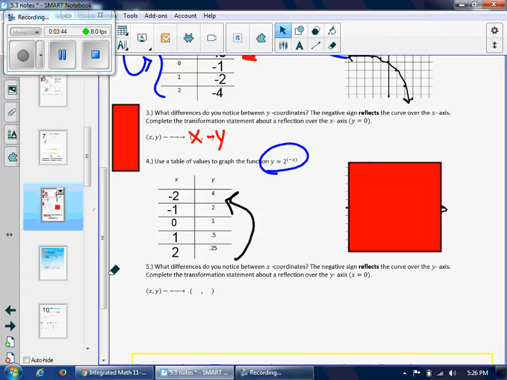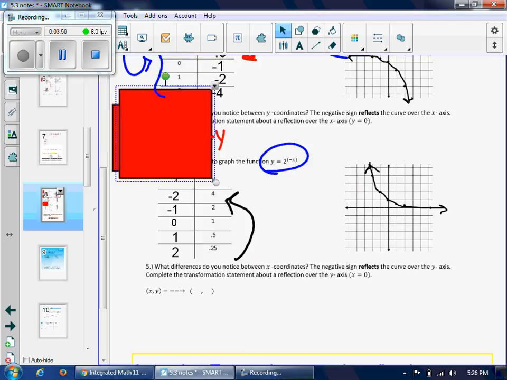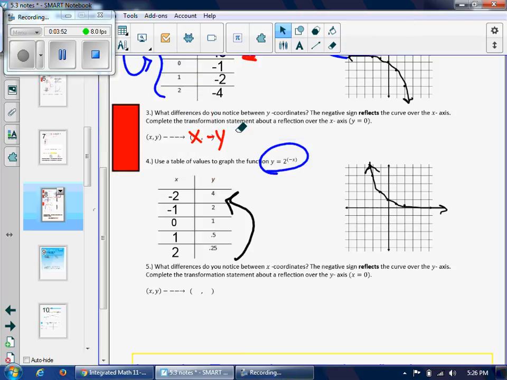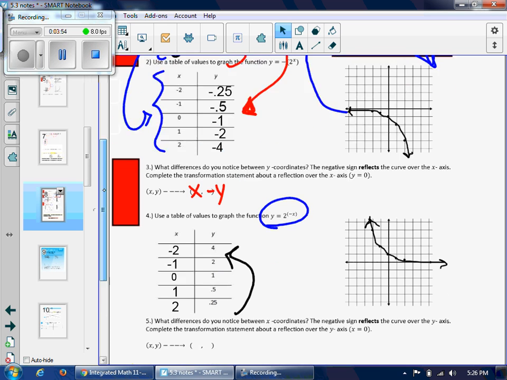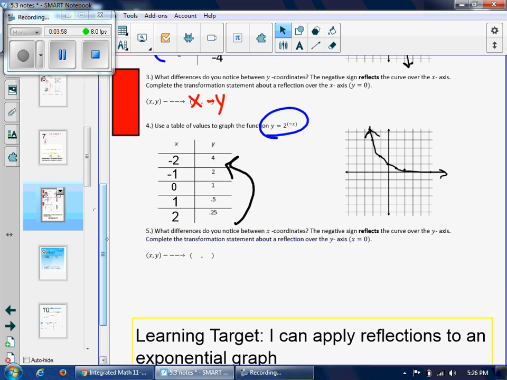So this graph, if you were to graph this, let's take a look at it. Let's graph the parent function on top of this new one. I wonder what happened.